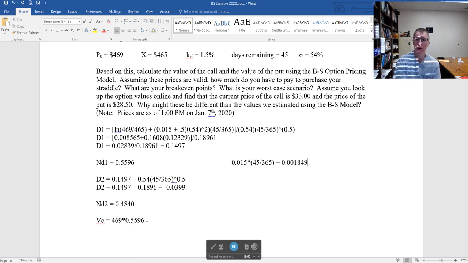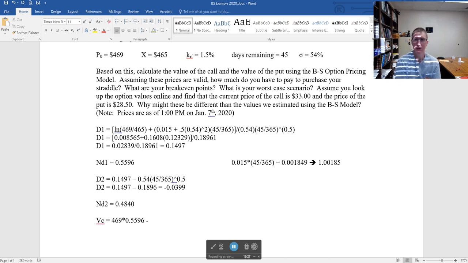And then what we do is just hit the e to the x key on your calculator. All calculators should have one of those. It's an exponential function. And when we hit e to the x for that, we're going to have 1.00185 and some other change beyond that.